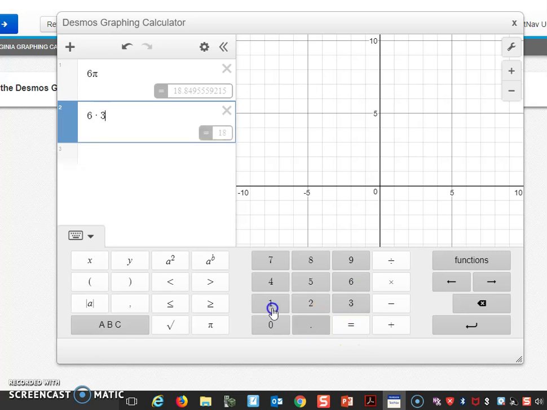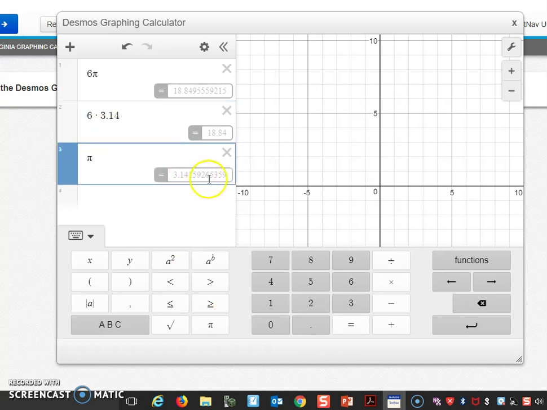Now, if I just do 6 times 3.14, I do not get 18.85 because the pi has been rounded to 3.14. But pi is not 3.14. It's actually longer than that. So from now on, let's just use this pi symbol.